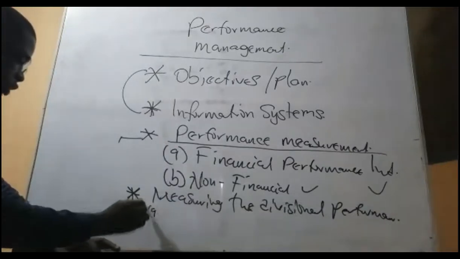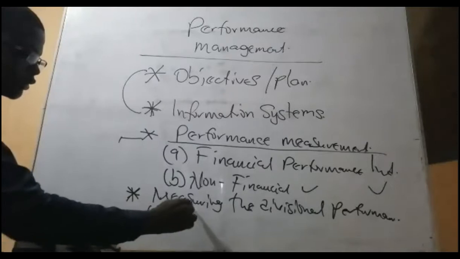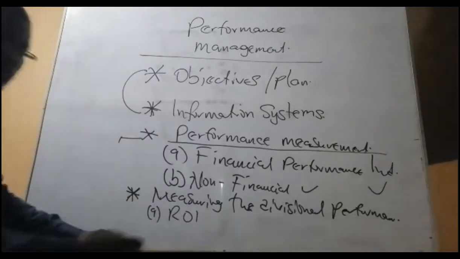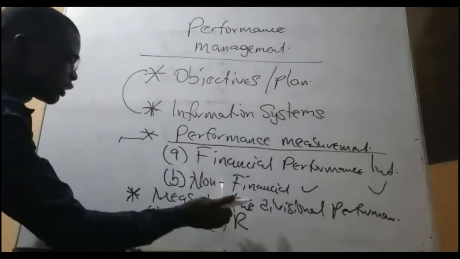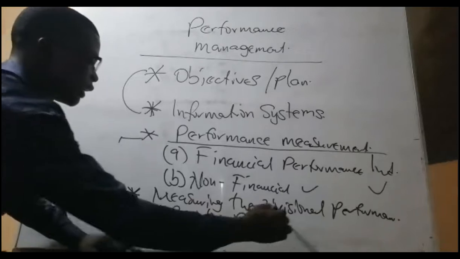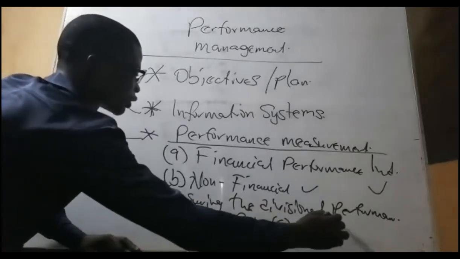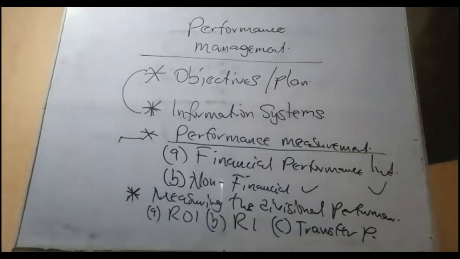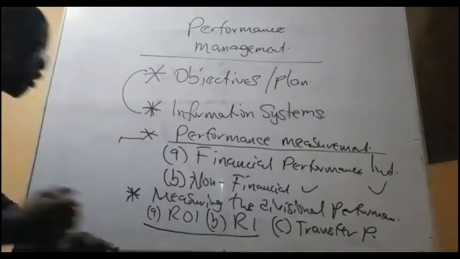Here we are going to consider A, return on investment. B, residual income. And C, transfer pricing. So these are the aspects that we have to look at. For ICAG, it is the first two.